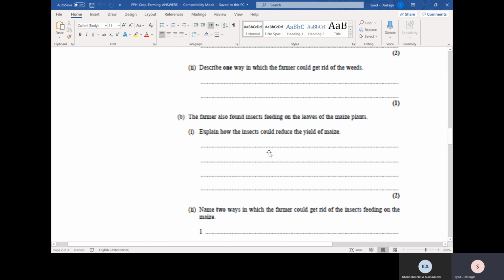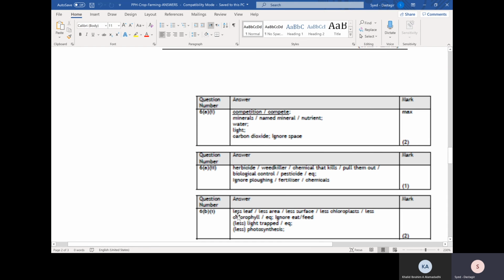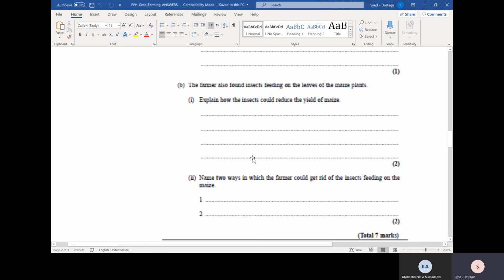You need to state what happens as a consequence of the insects, and then provide a further explanation to get the second mark. So we state less surface area because it's eaten, and the explanation is therefore less light is trapped, or there is less photosynthesis.